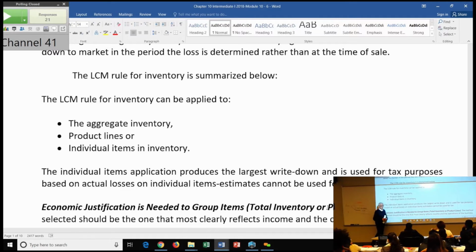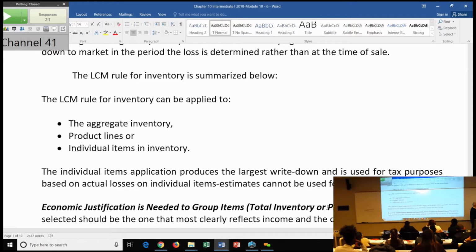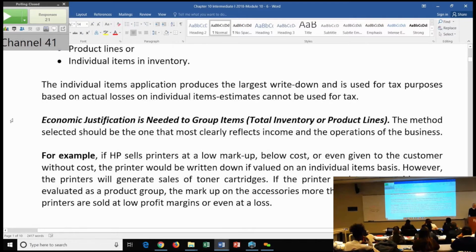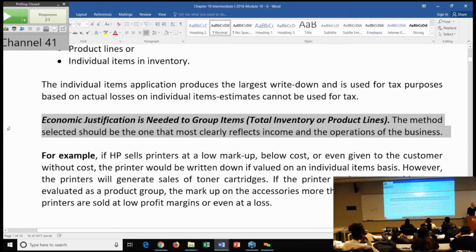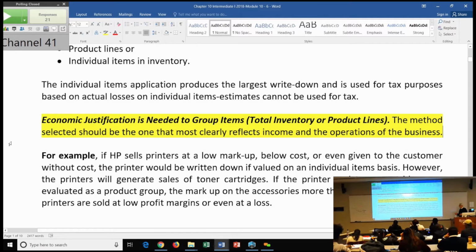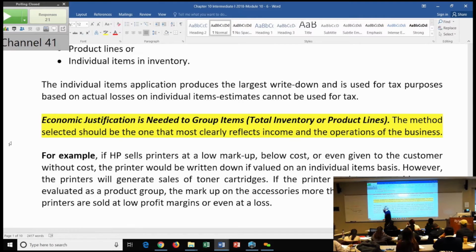So I think for ConocoPhillips, their oil and gas products are very similar, so they're homogeneous, so it seems to make sense to add them up. But the other justification is here. So what we really want to do is focus in on this economic justification of why we group items. For example, if you took the Hewlett-Packard illustration, where they're selling their laptop computers and they give you a printer for free, the printer is worth 0, right?